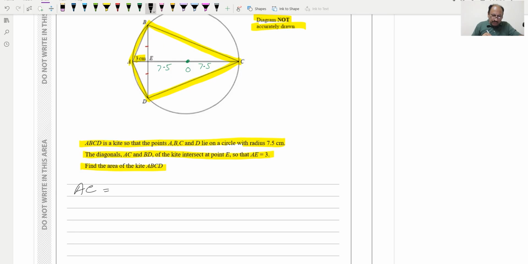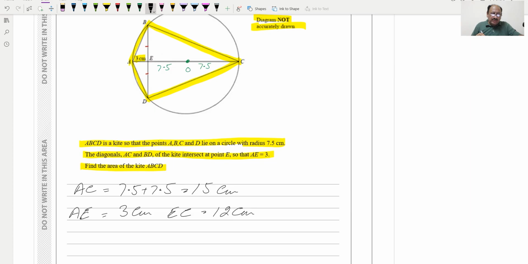AC is equal to 7.5 plus 7.5, which is the diameter, so it will be 15 centimeters. And AE also we know, AE is equal to 3 centimeters. And this implies EC is equal to 12 centimeters. This is basically the calculation which we can do.